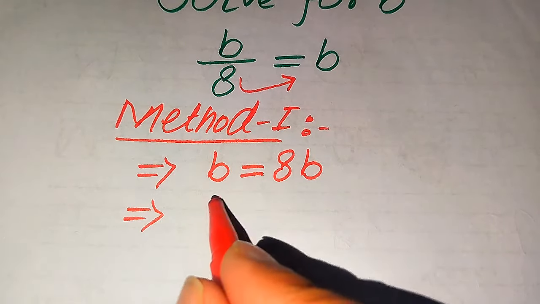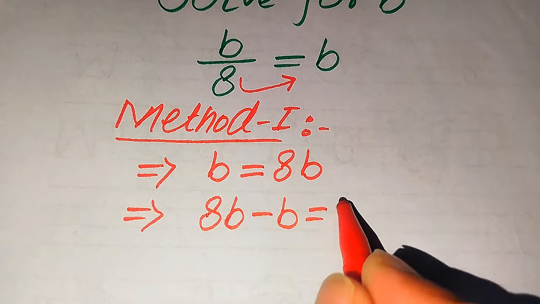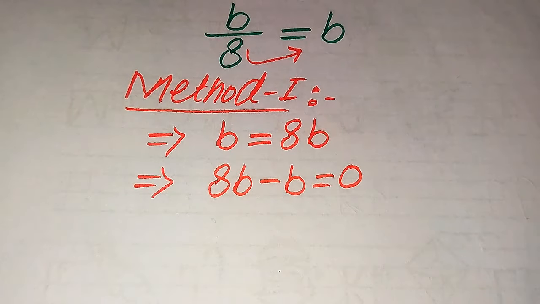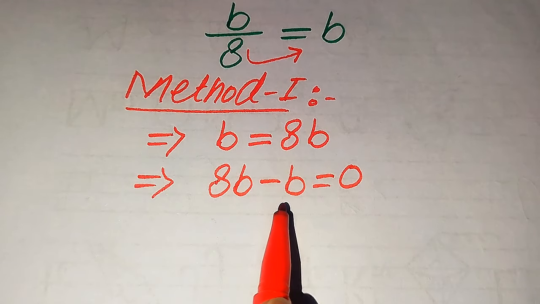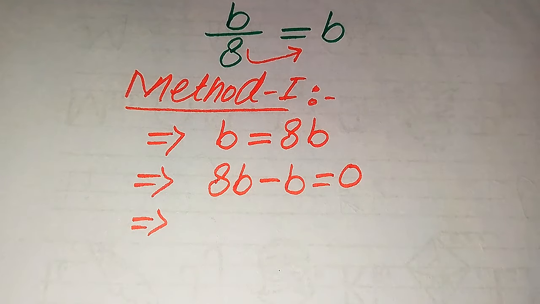When we move it to the right hand side, it becomes negative b, and this whole equation is equal to 0. So you see here, these are the same variable terms. We know that if we subtract two same variable terms, we need to subtract the coefficients of both of these terms.